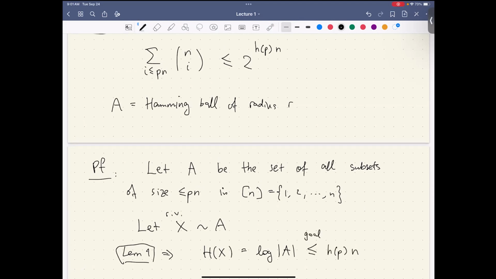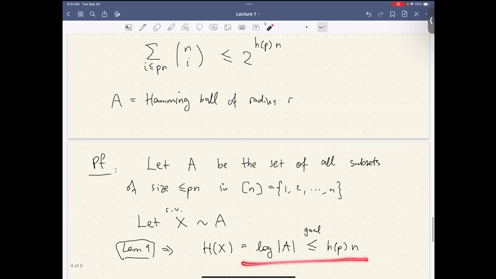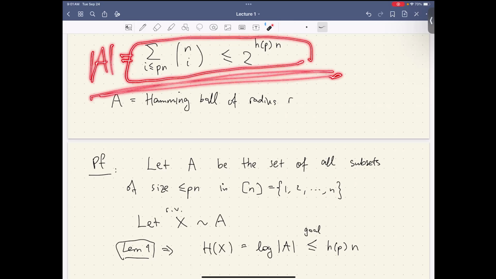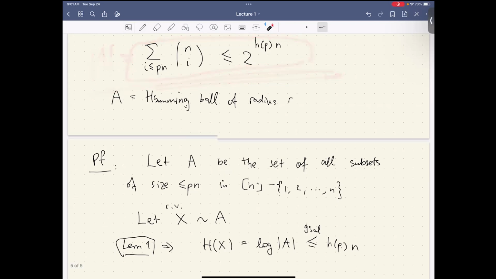If we can prove this, with log base 2, we have the bound we want up here. This is the size of A. So here's our goal.